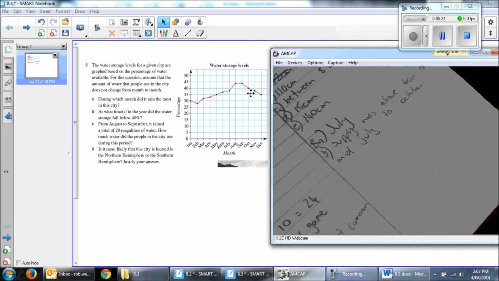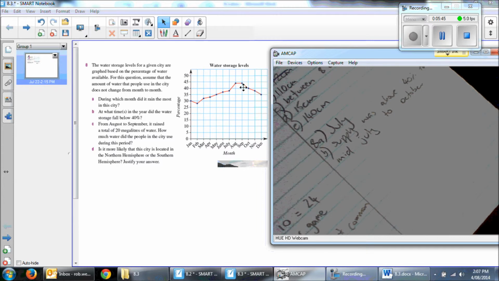It says from August to September it rained a total of 20 megalitres of water. How much water did the people in this city use during this period? Okay, so from August, here's August here, to September, the amount of water has been exactly the same.